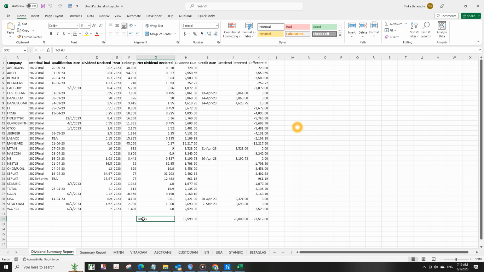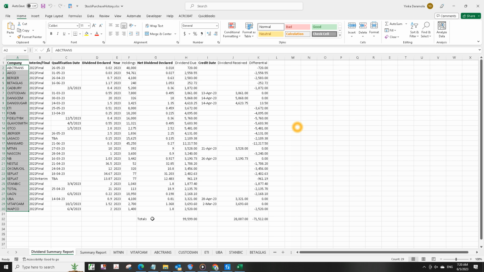So you have here that these are the stocks in your portfolio that are relevant. Now, if you remember, this sheet was empty before, this stock purchase history. Now, it has checked that, okay, of all the stocks in this portfolio, these are the ones that are relevant, right? Out of all the long list of dividends, because there are more than 30 stocks that have declared dividends this year.